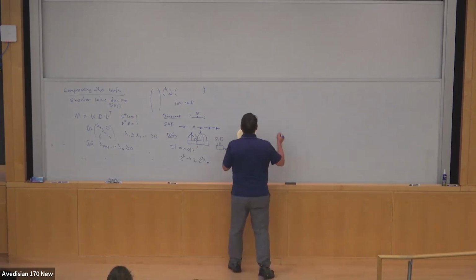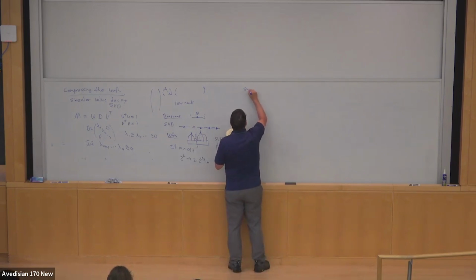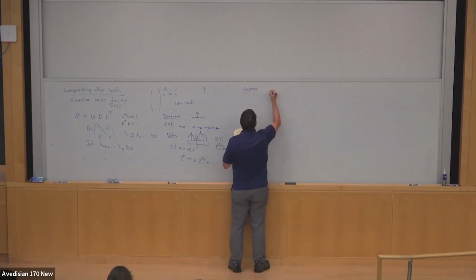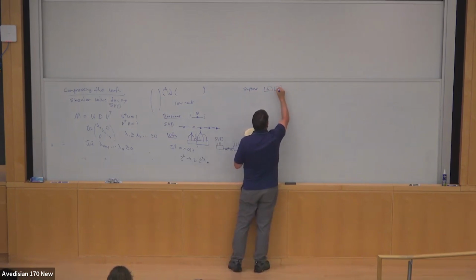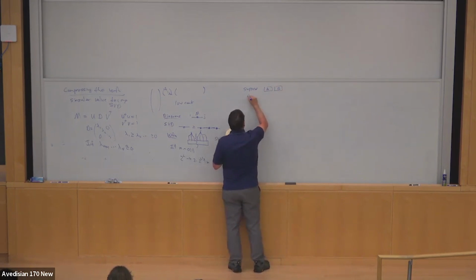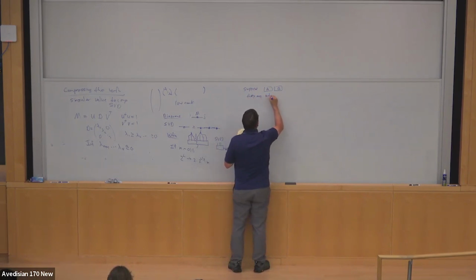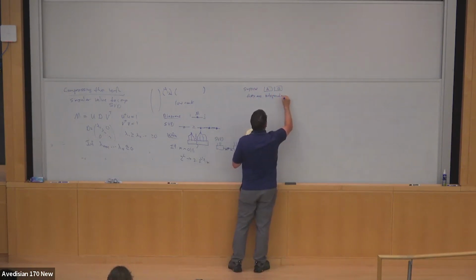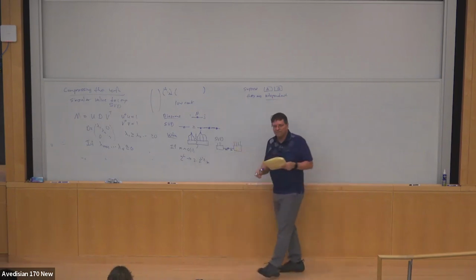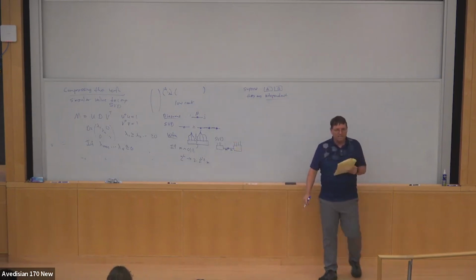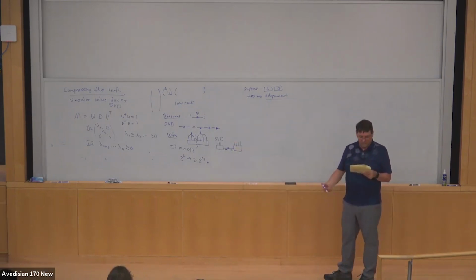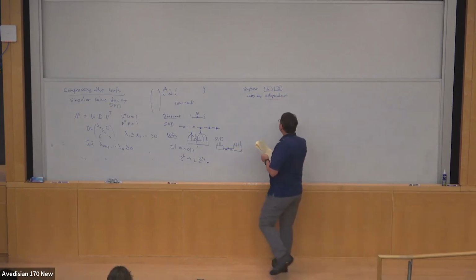So let's say that we have, suppose we have the left side is A and the right side is B, and suppose they are independent. Okay, so if they're independent, what does that mean? Quantum mechanically, it means that you have a product state.